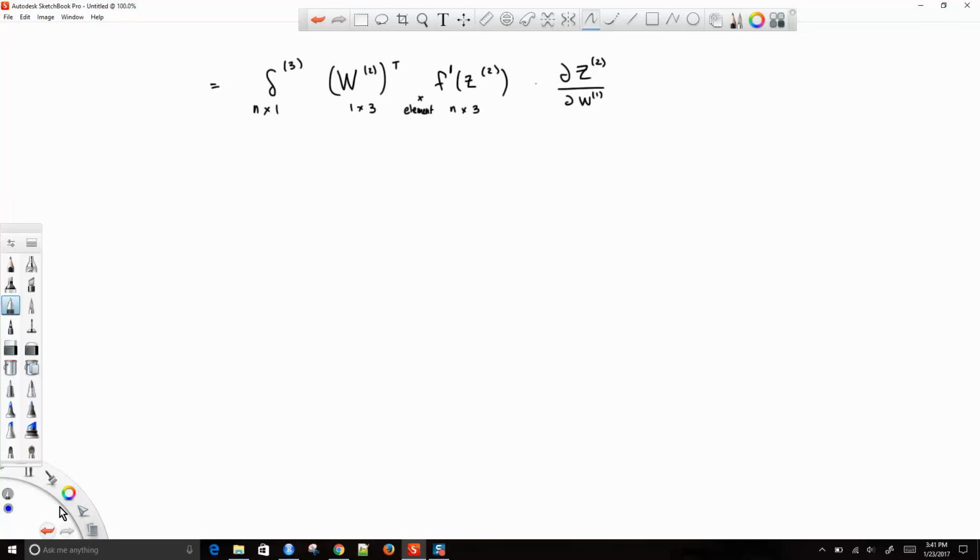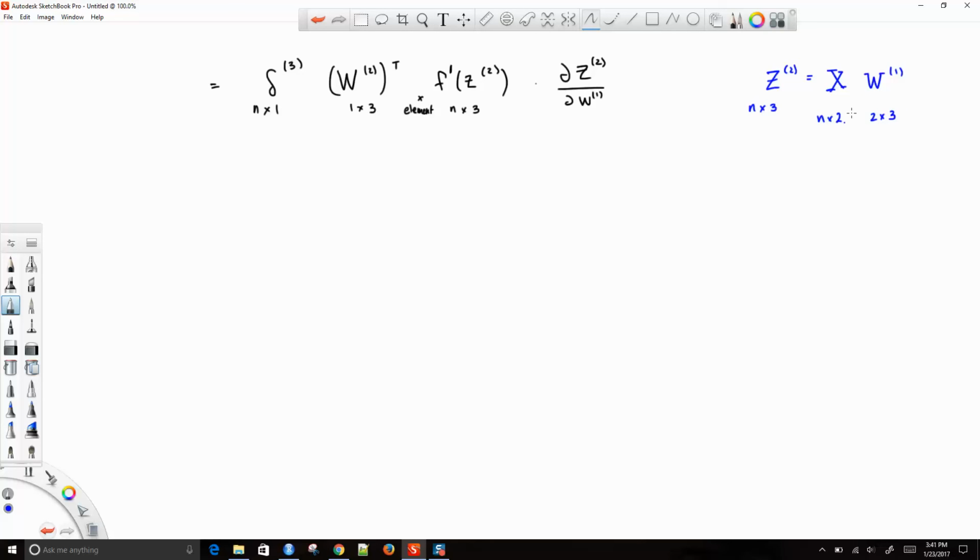dZ2 with respect to W1. If we look at how we calculated Z2, we said Z2 is equal to X times W1. Z2 is n by 3, X is n by 2, and W is 2 by 3, okay?